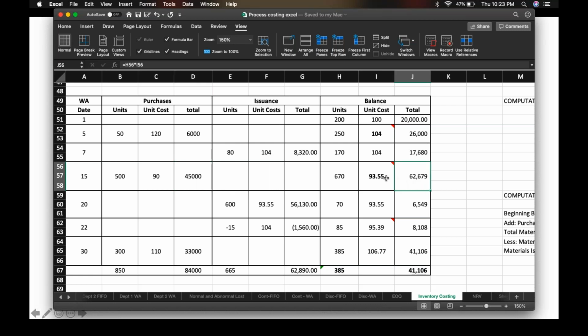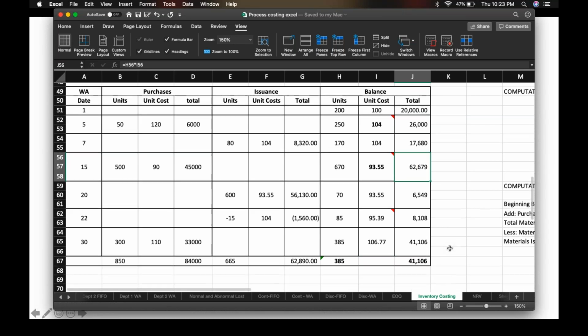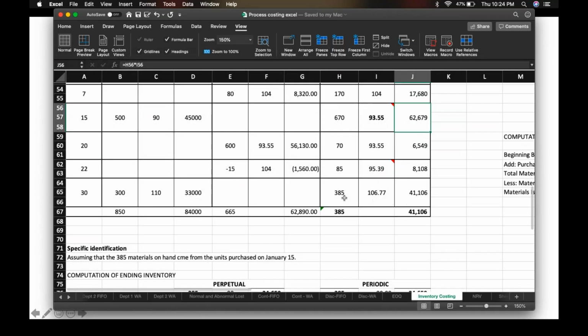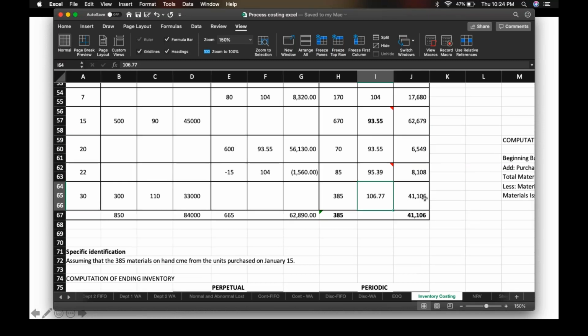So to get the average, ganun uli, just divide the total cost to the number of units, 93.55. Okay, do the same process hanggang sa mag-arrive tayo sa final number of units, which is 385 units at 106.77.